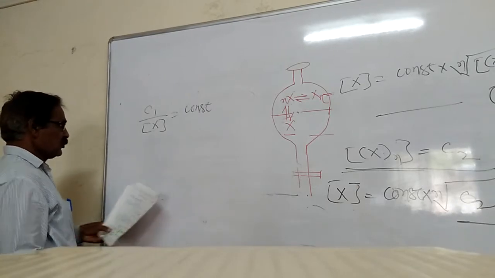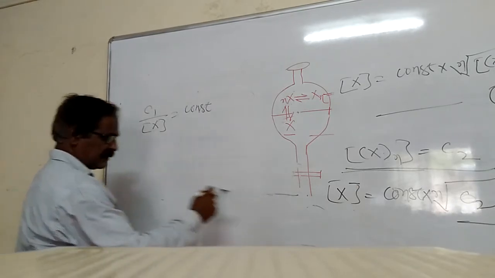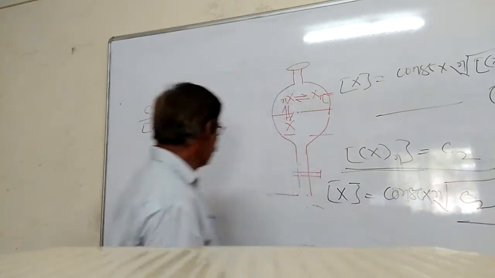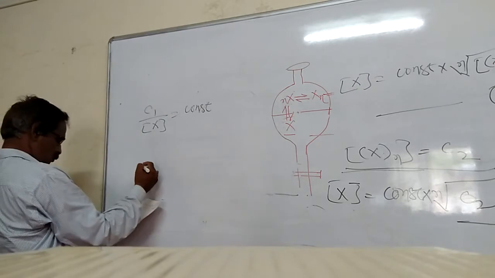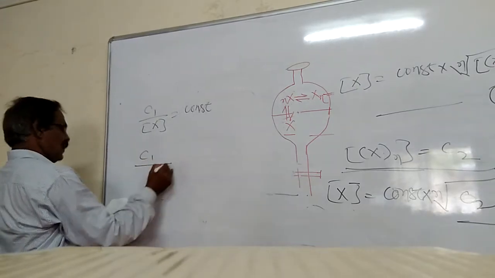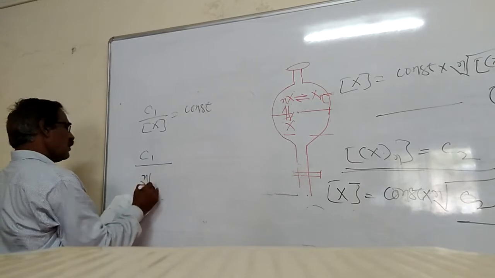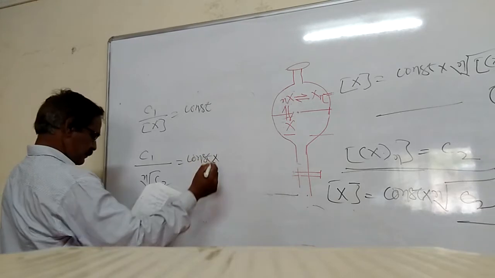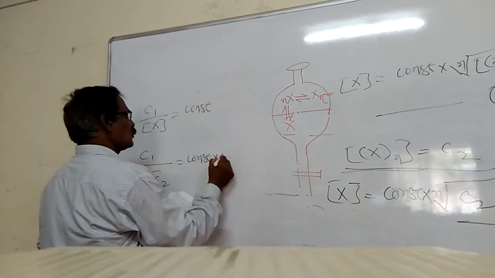And when we substitute X equal to a constant into the n-th root of C2 in this expression, we get C1 upon the n-th root of C2 is equal to a constant into a constant.